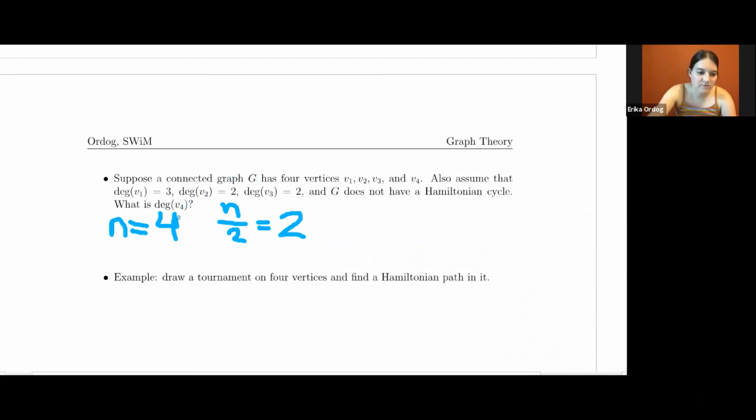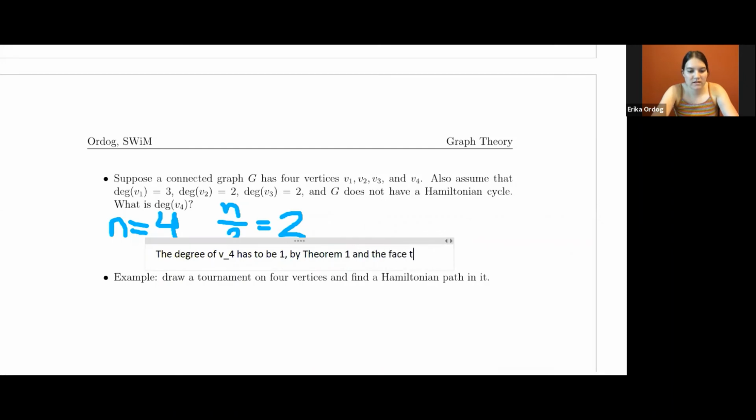So the degree of V4 has to be either 0 or 1, but G is connected. Can the degree of V4 be 0? No. Otherwise, we'd have a vertex all by itself and the graph would not be connected anymore. So the degree of V4 has to be 1, by theorem 1 and the fact that G is connected.